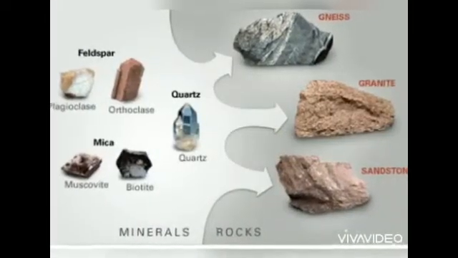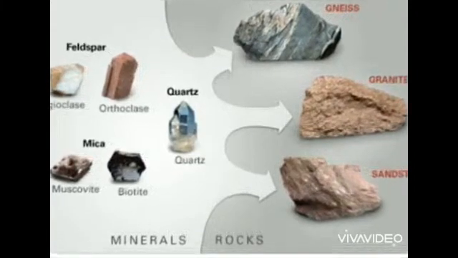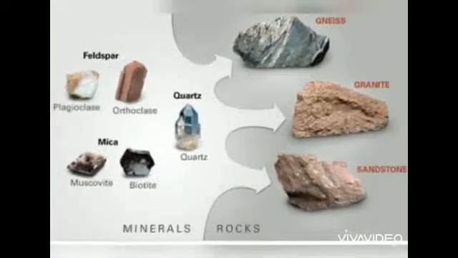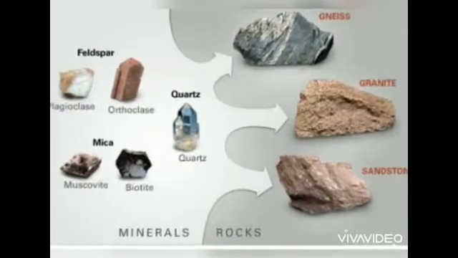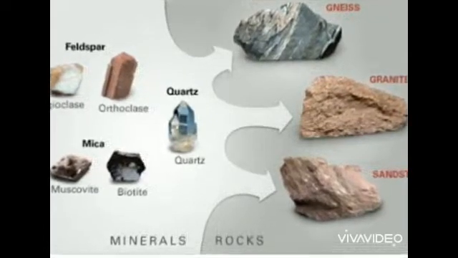The minerals in these rocks are feldspar, quartz, and mica, and they are found in rocks like gneiss, granite, and sandstone. So you can see the minerals that make up the rocks.